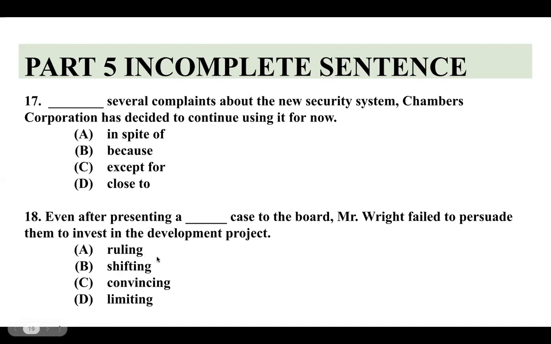ruling แปลว่าควบคุมนะครับ ควบคุม control, shifting เปลี่ยนแปลง, convincing โน้มน้าว, limiting จำกัด ตอบข้อไหนดี C เก่งมากครับ ทุกคนพิมพ์คำว่า C เข้ามาเลยครับ convincing meaning that persuade or impressive content, compelling content here, right?